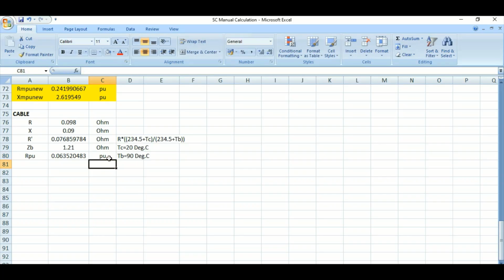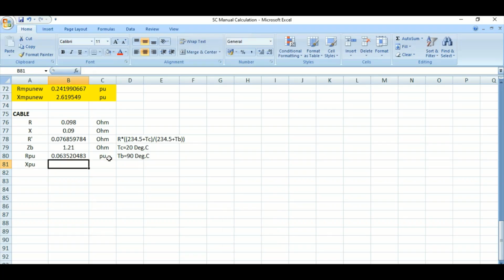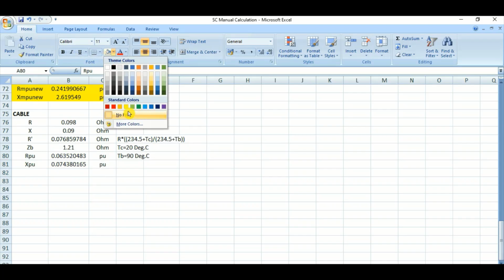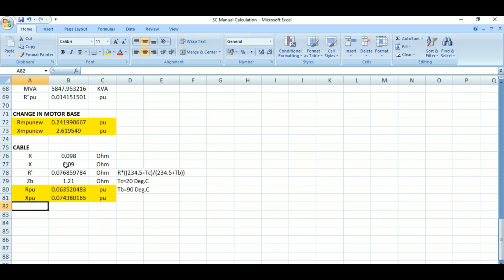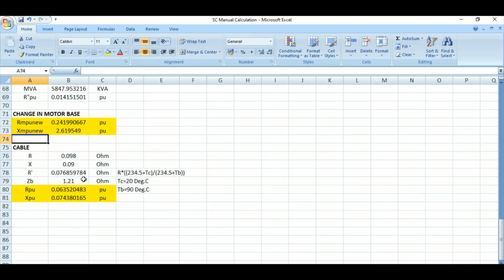The same way, the reactance value in per unit equals the reactance X value divided by the base impedance, which is 0.07 pu. So for the cable, these are the values. We have got the R value and X value, and for the motor, this is the resistance value and reactance value.